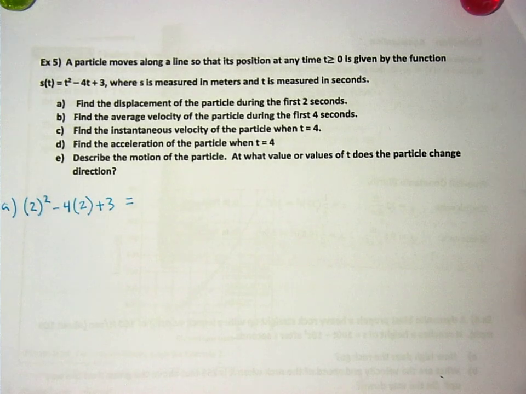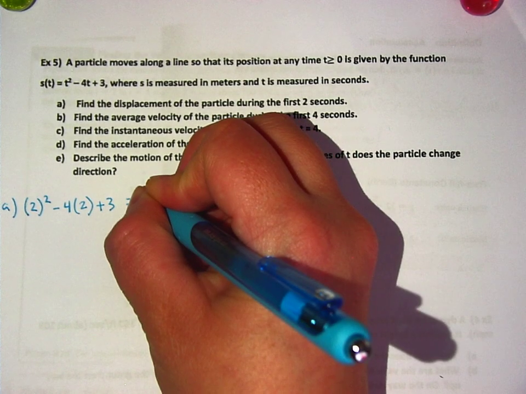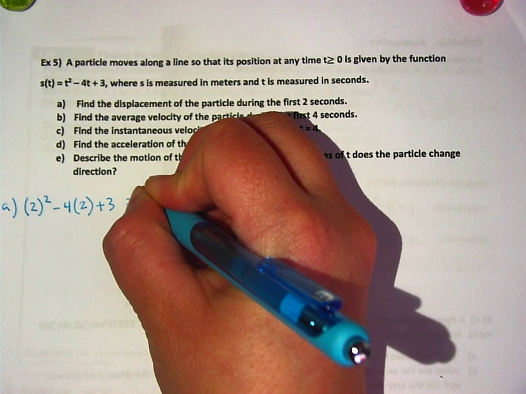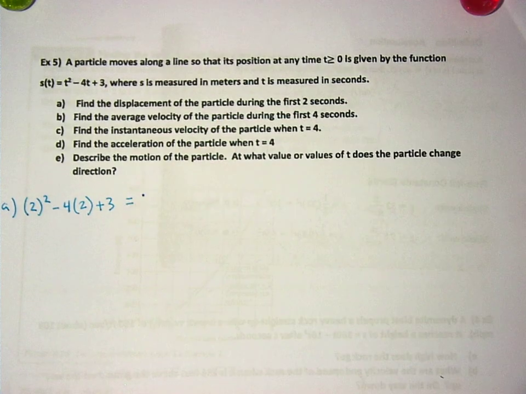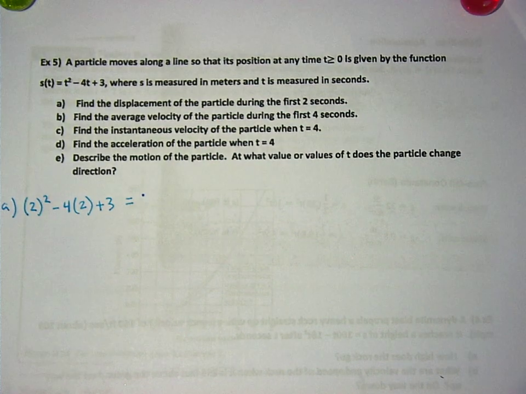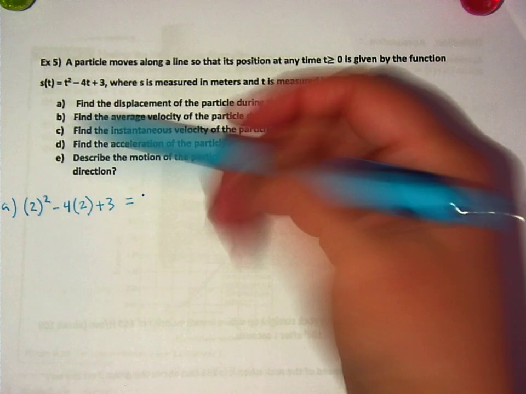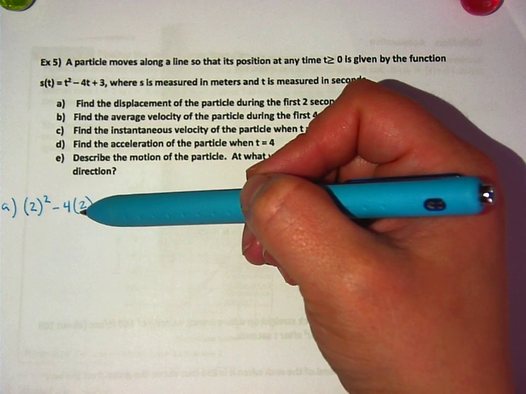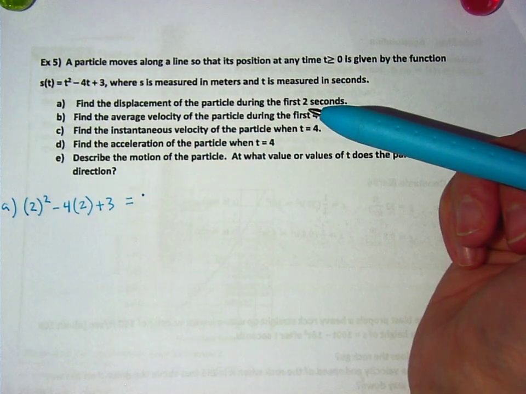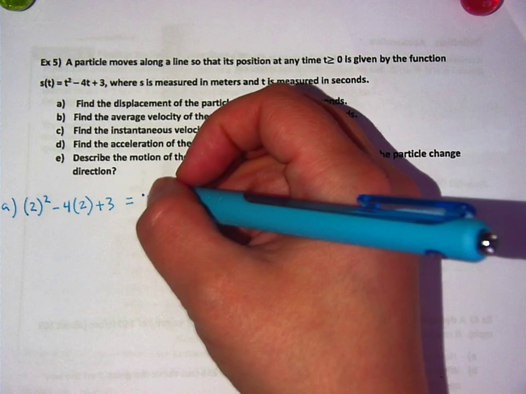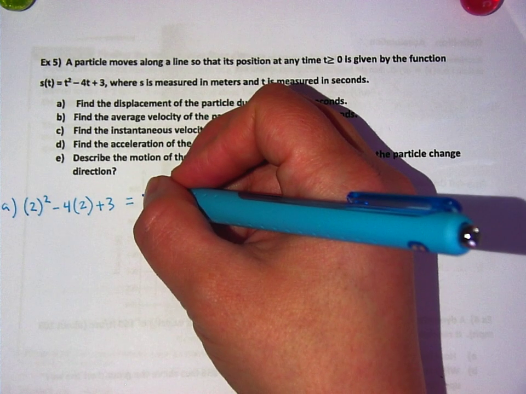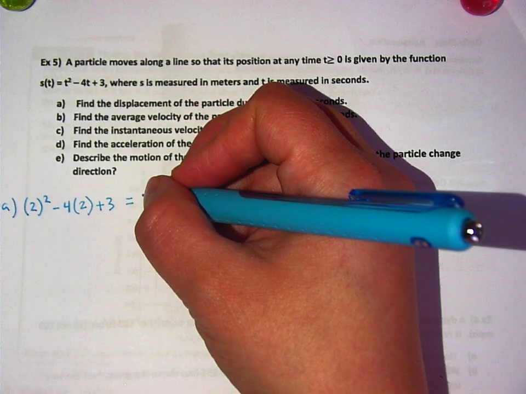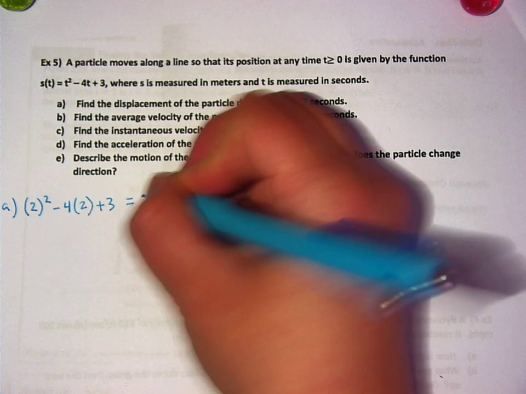Four minus 6, negative 2 plus 3 is, did you get 1 for that? No. 4 minus 6 minus 8. My goodness. Which is negative 4 plus 3, you get negative 1.